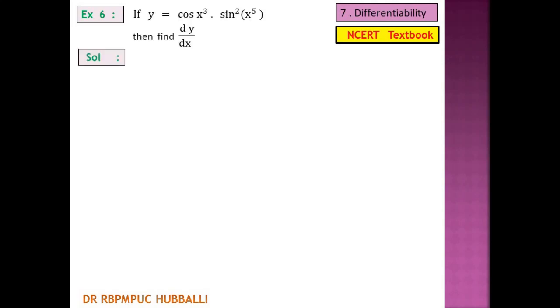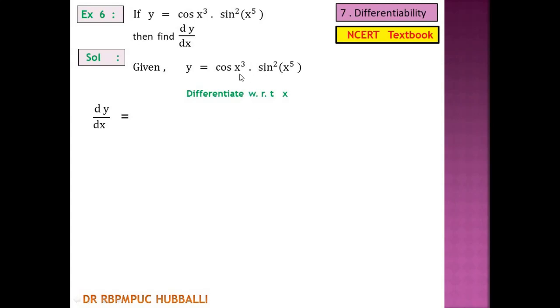If y is equal to, this is a textbook example, y is equal to cos x cube into sine square x raised to 5. So this is y function, given y is equal to cos x cube into sine square x raised to 5. Now I write derivative. So this is now product.